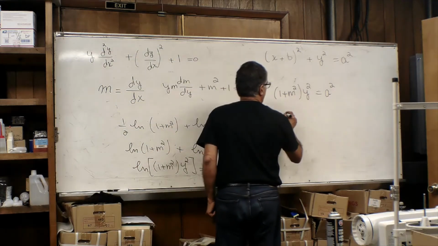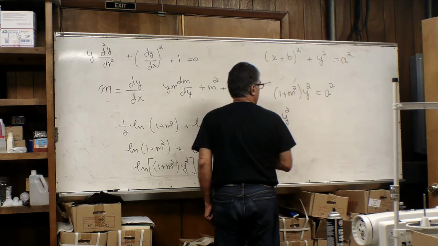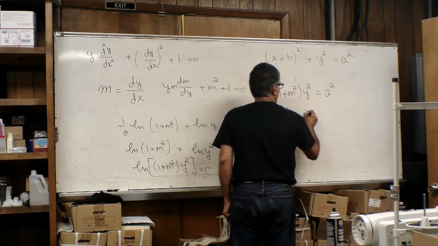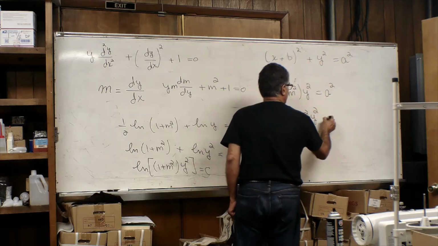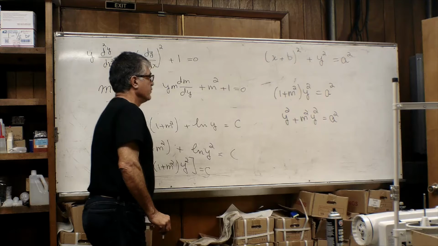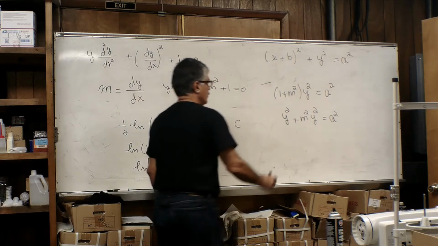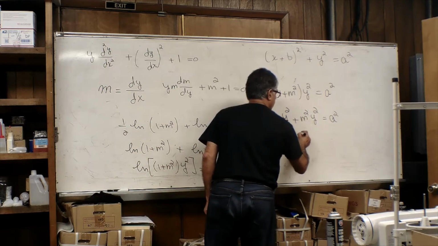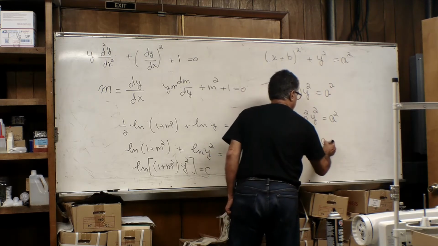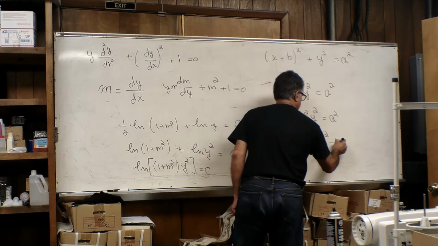Now here, let's go ahead and simplify this. We are going to have y squared plus m squared y squared is equal to a squared. So m squared y squared is equal to a squared minus y squared.